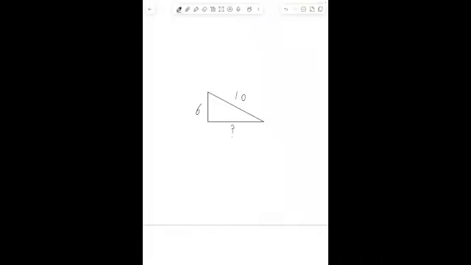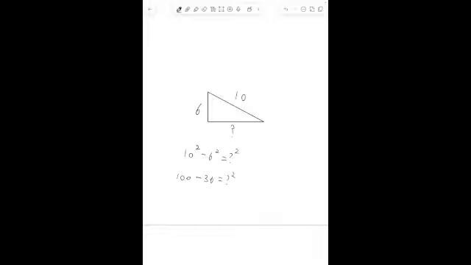We can also use the theorem to find a leg if we know the length of the hypotenuse. If c equals 10 and one leg is 6, we can use subtraction instead of addition. And we can square 10, which equals 100, and square 6, which is 36, equals something squared.